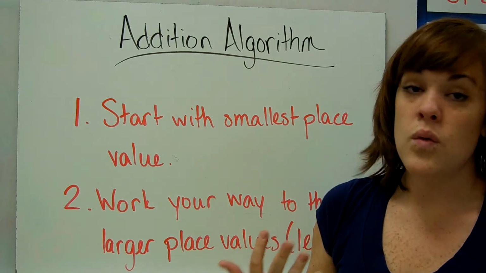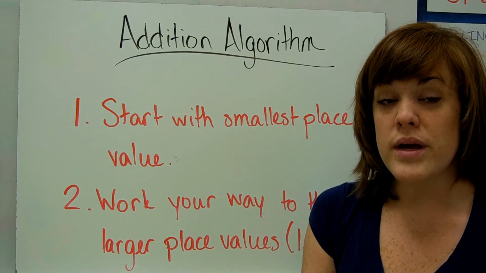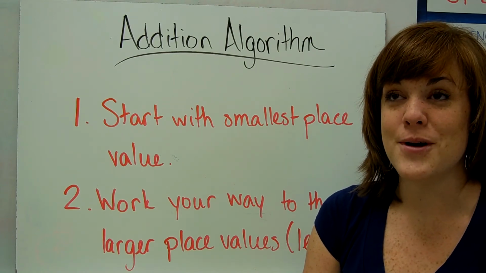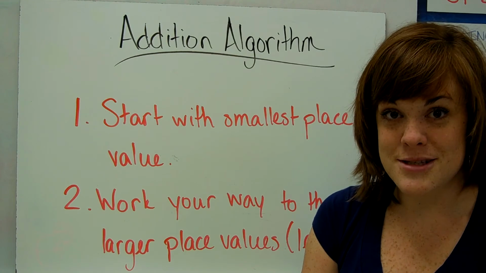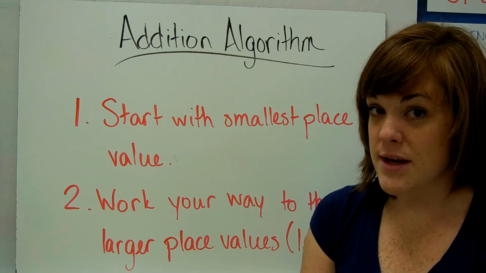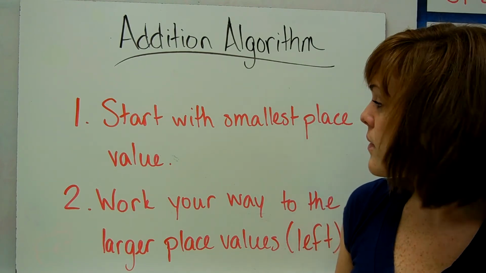Okay, so when we add numbers that have more than one digit, we use an addition algorithm, which is just a fancy name for the steps we use to solve an addition problem. We will use the same steps every time, and so those same steps are called an algorithm.